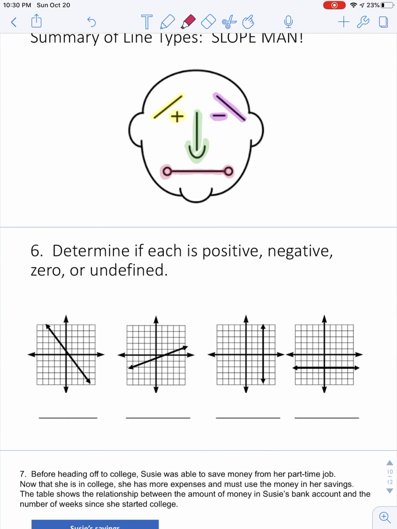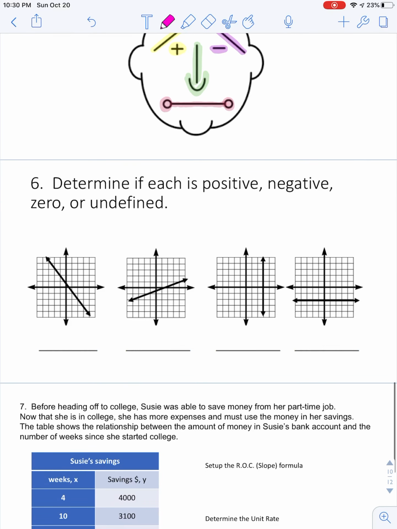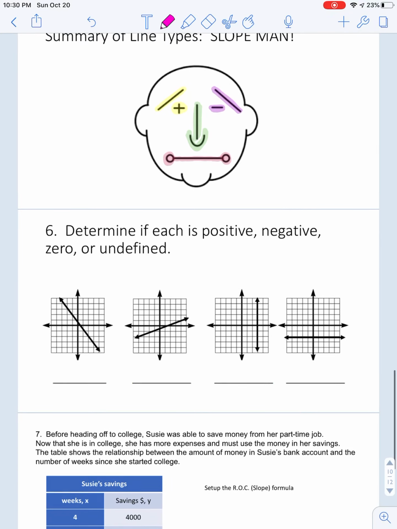So with that said, we're going to take a look at number 6. Number 6 gives us some different lines, and all they're asking us to do is tell whether the lines are positive, negative, 0, or undefined. If I take a look at this first line here and match it to the graph, I see that this is a negative falling line, so I would say this is a negative slope.